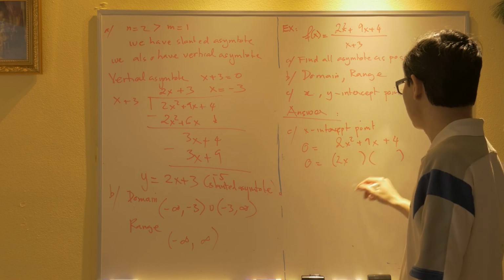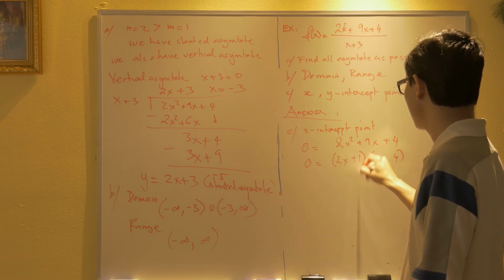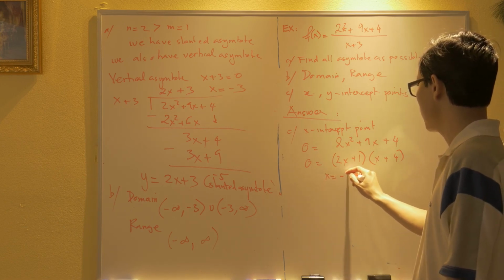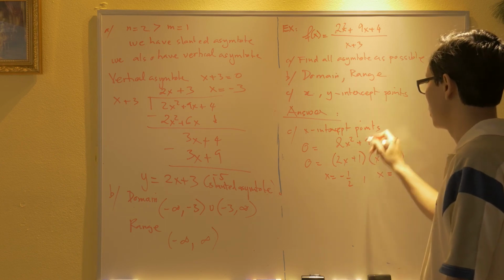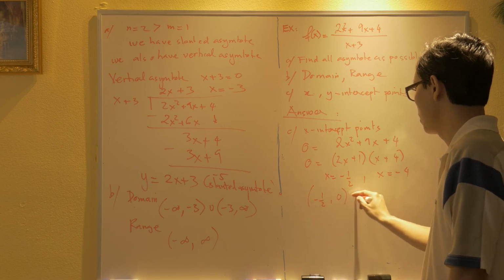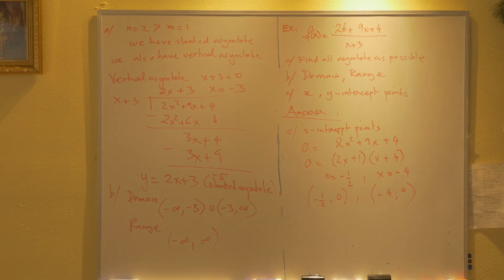You have 2x here, x here, plus 1, plus 4. So the x-intercepts will be x equals -1/2 and x equals -4. Because they are points, you put them in ordered pair form: (-1/2, 0) and (-4, 0). So we have two x-intercept points.